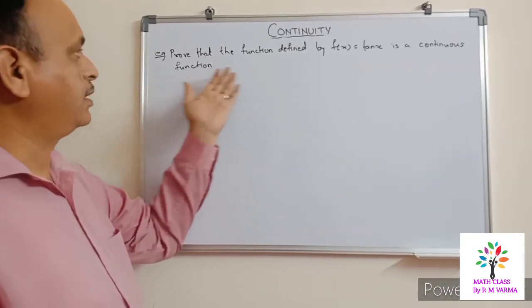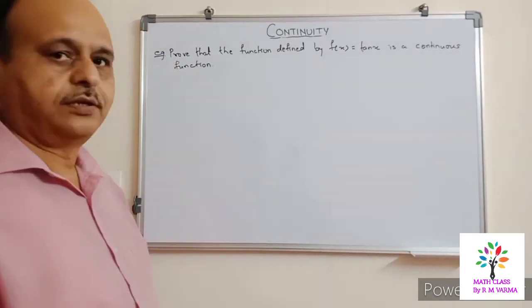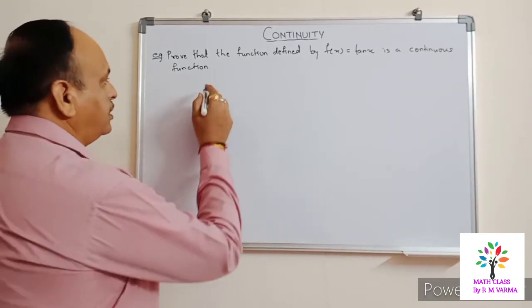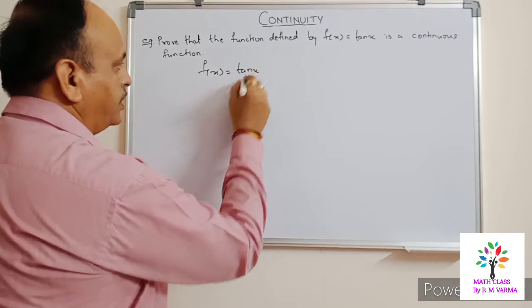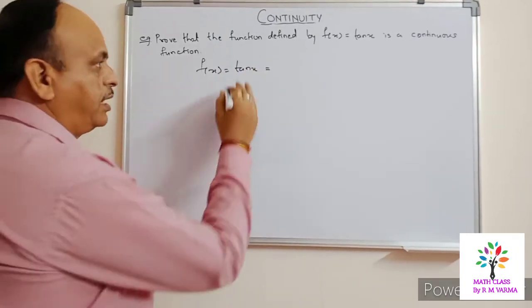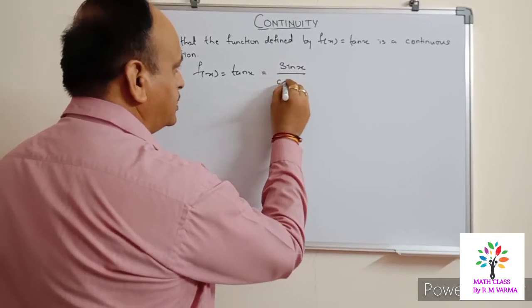Prove that the function defined by f(x) equals tan x is a continuous function. Now we know that f(x) equals tan x can be written as sin x upon cos x.